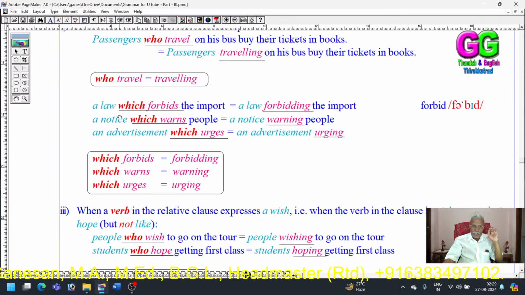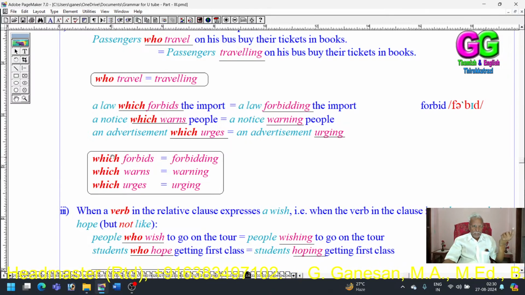Here are examples. A law which forbids the import: a law forbidding the import. A notice which warns people: a notice warning people. An advertisement which urges: an advertisement urging.